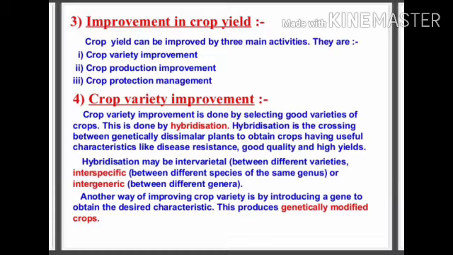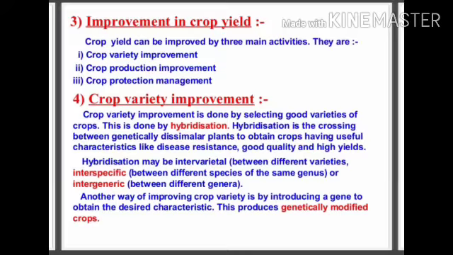Hybridization may be between different species, different genes, or between different varieties. Another way to improve crop variety is producing genetically modified crops. These crops also possess qualities like resistance to diseases and high yield.